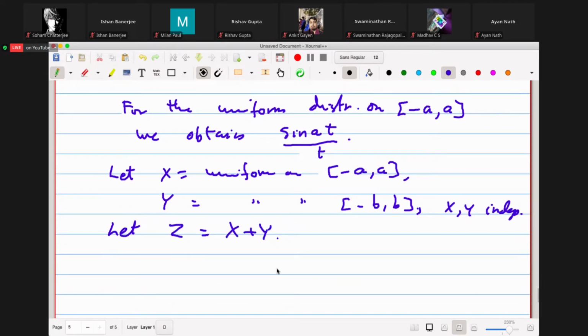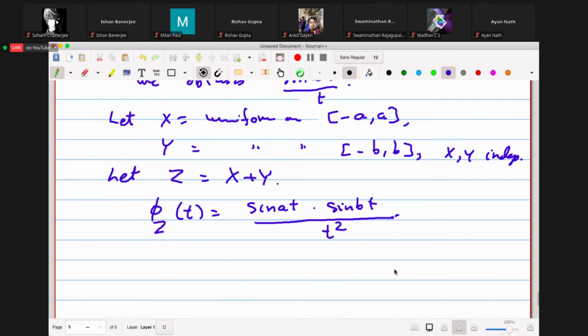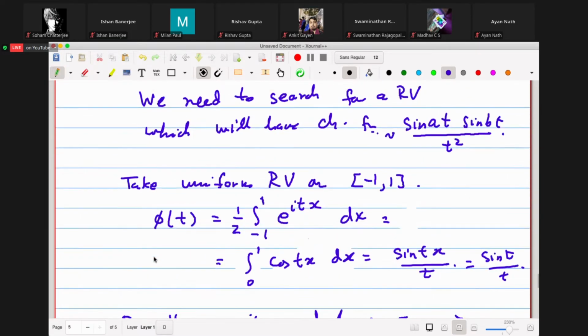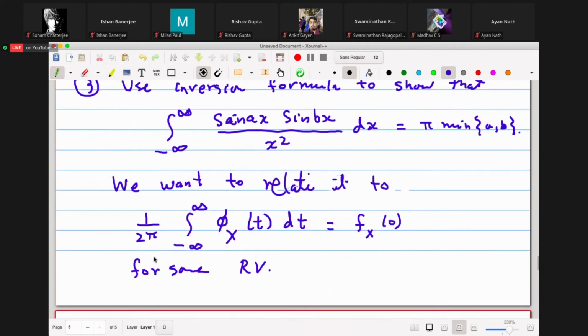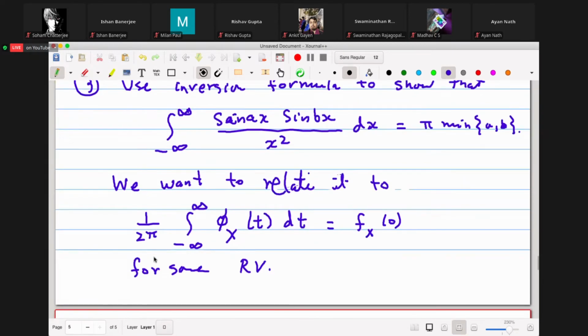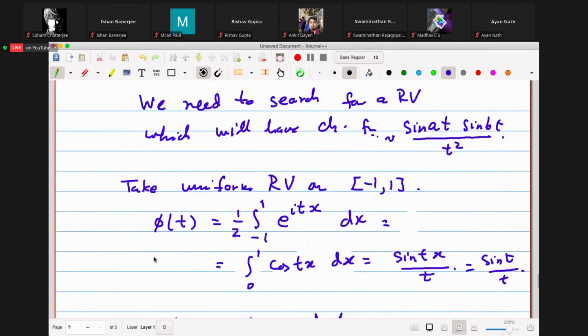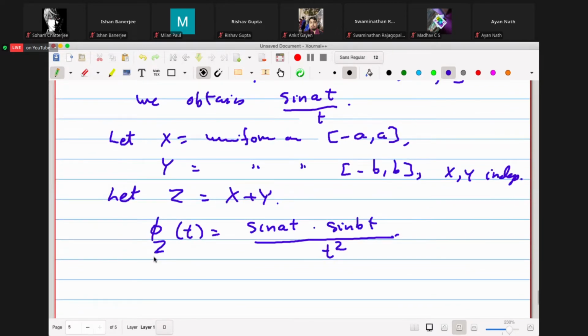Okay, then what is the characteristic function of this? This is equal to sine at times sine bt by t squared. Aha, you got the integrand right. And now, okay, I can integrate it.